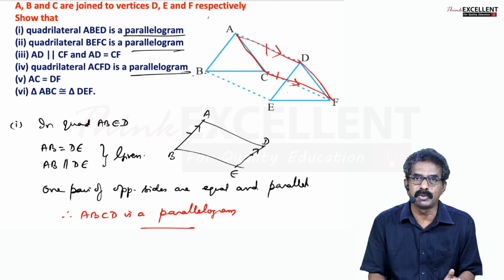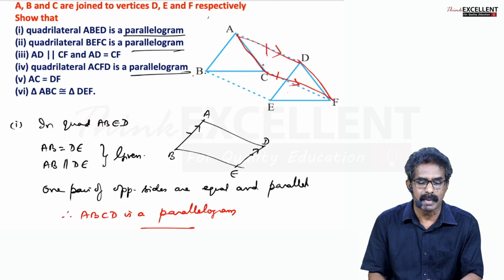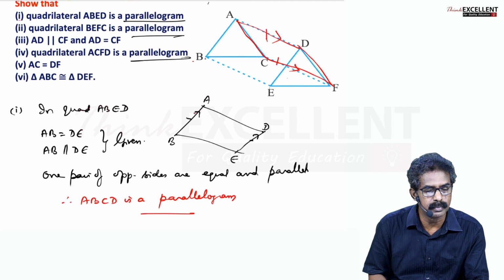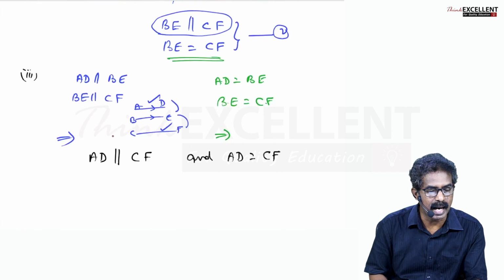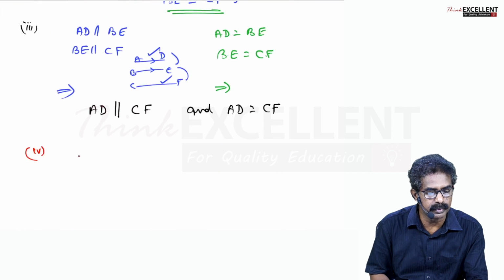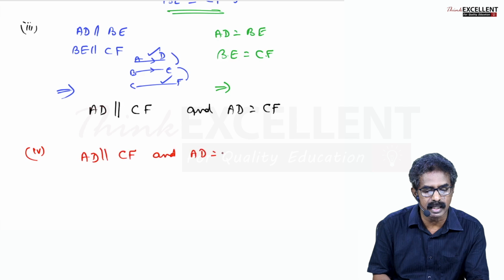One pair of opposite sides are equal, so this is a parallelogram, right? So AD and CF are parallel and equal. That's what we proved in the previous step, right?